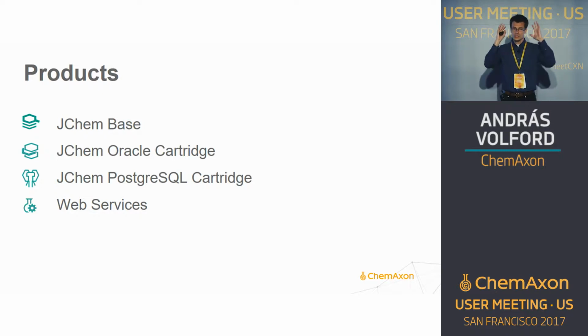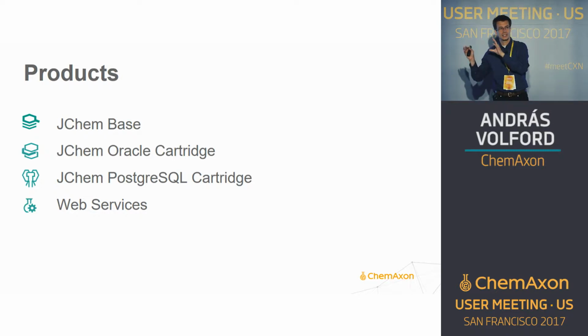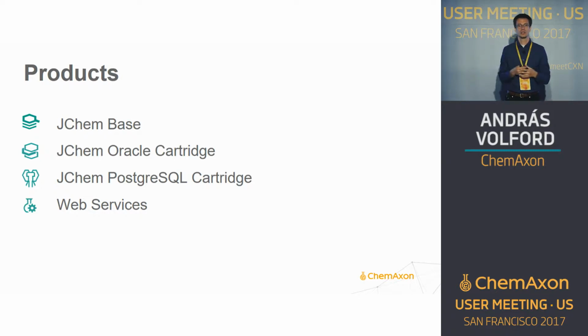Why? If you are just searching for chemical structure and no other non-chemical filter, then it doesn't matter whether you use JChem Base or the cartridge, they are approximately the same speed.